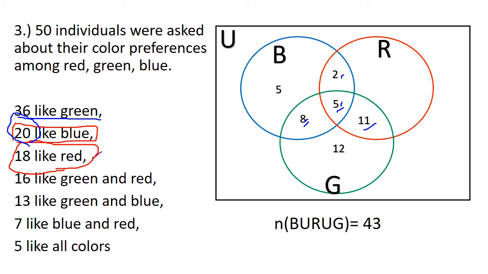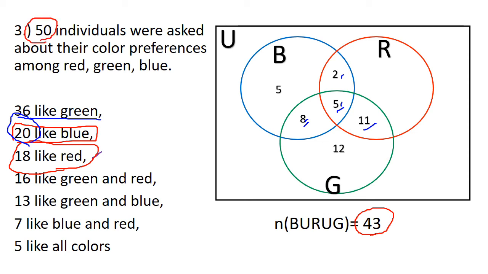Next, we are going to get the union of these elements. If we add all of these values, we have 5 plus 2 plus 8 plus 5 plus 12 plus 11. It will have a sum of 43. So the union of all sets is 43. Take note, this 43 is over to our universal set.